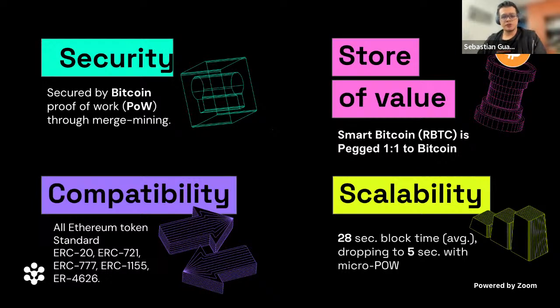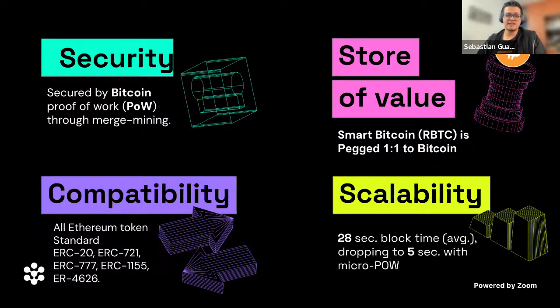When we talk about Rootstock, we talk about different things. First of them, security. The security on Rootstock is very important, and we take it from Bitcoin by taking the proof of work through the merge mining that we reuse in order to secure all the network in Rootstock.